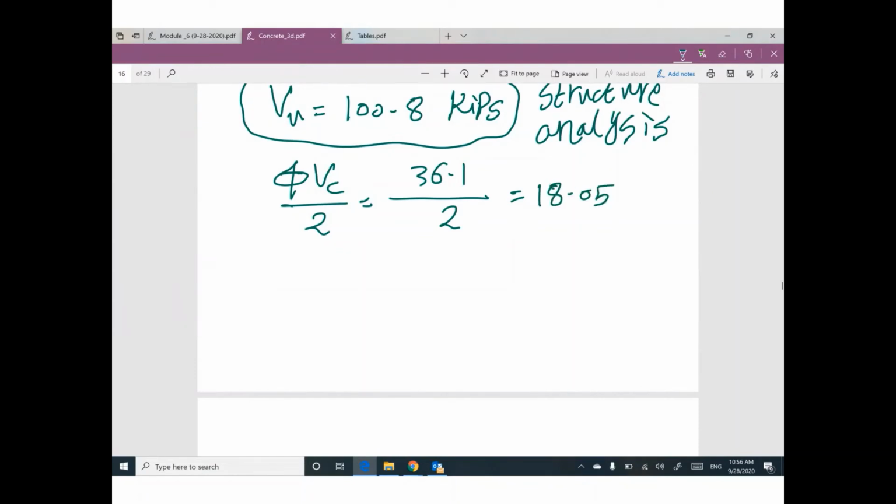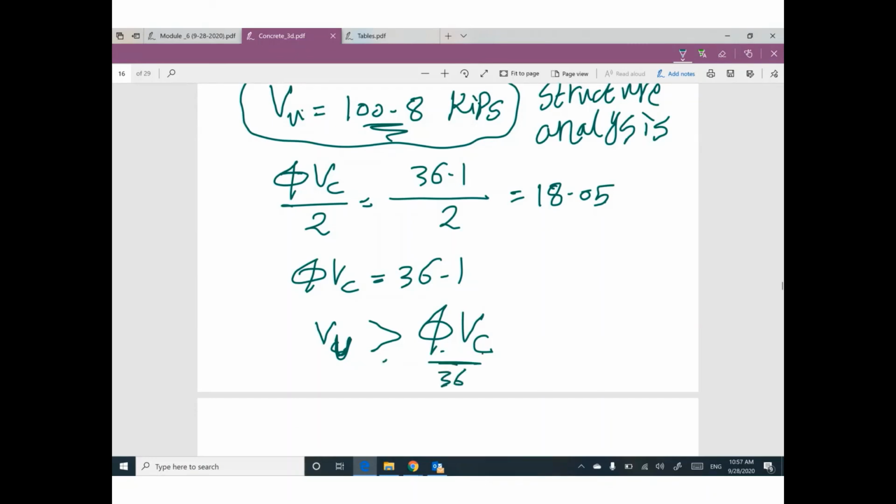Okay, phi VC equals 36.1. So I believe V ultimate, which is 100, is greater than phi VC, because this term is 36, this term is 100.8.